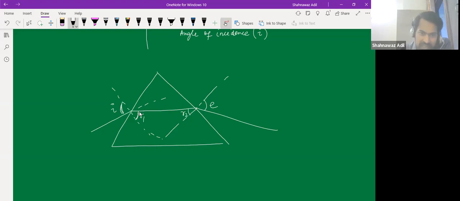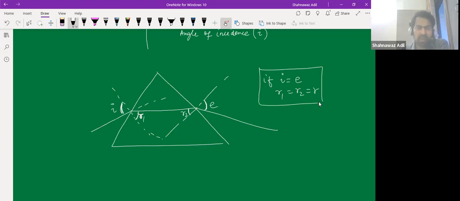So you guys can see that this value and this value, if this angle is same as this one, then this angle would be same, right? So if angle of incidence is angle of emergence, then R1 would be equal to R2, and let's say that is R. Is this point clear? So now we can write all these relations.